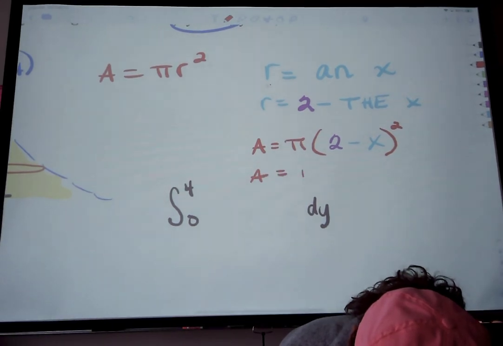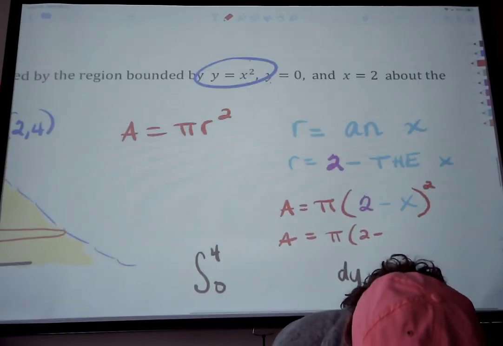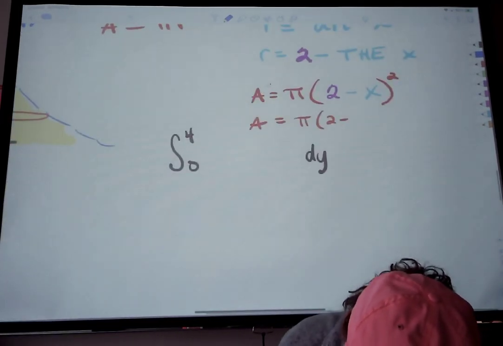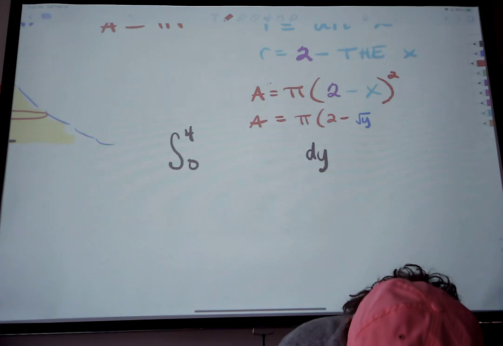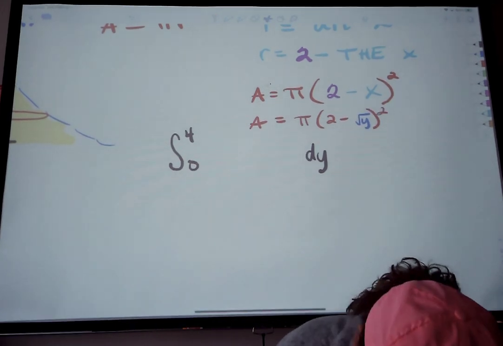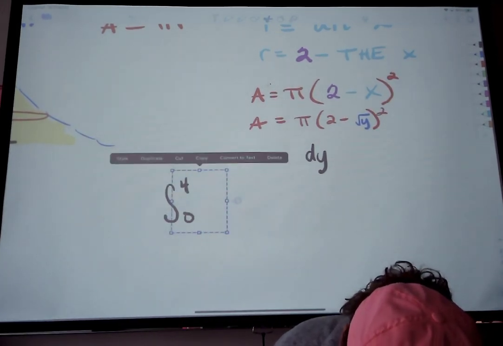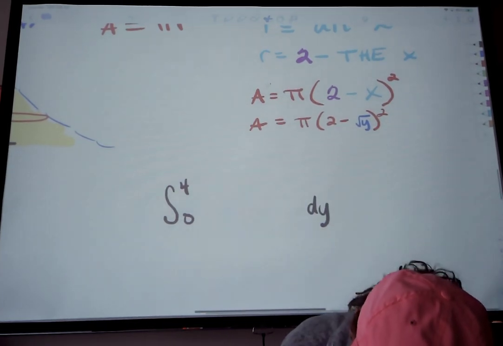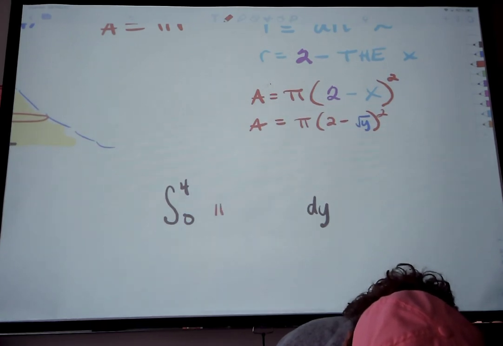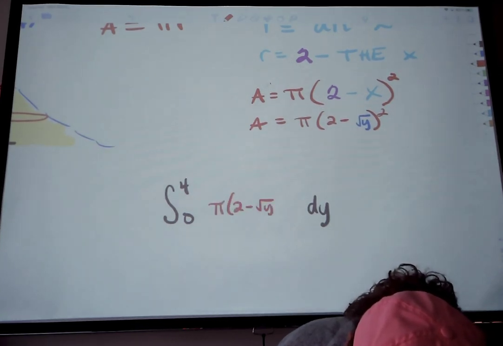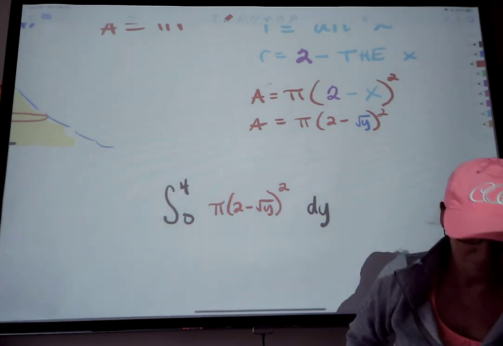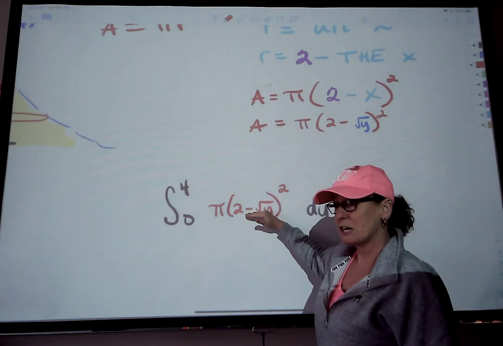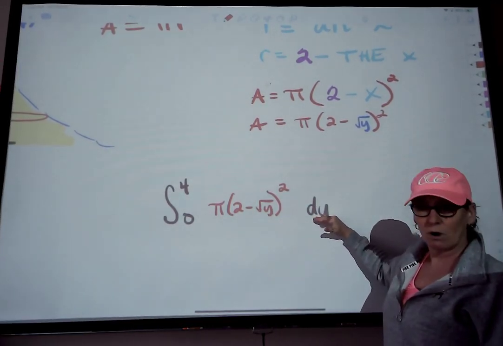So my area is really pi times (2 minus radical y) squared. These are y's. This expression is in terms of y. This is dy. It matches.